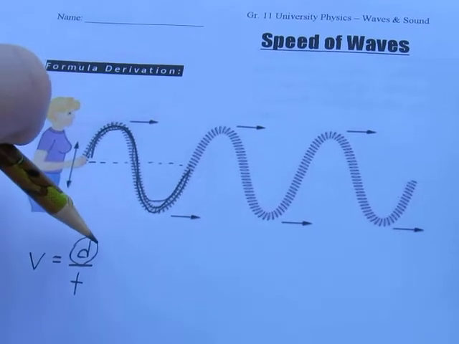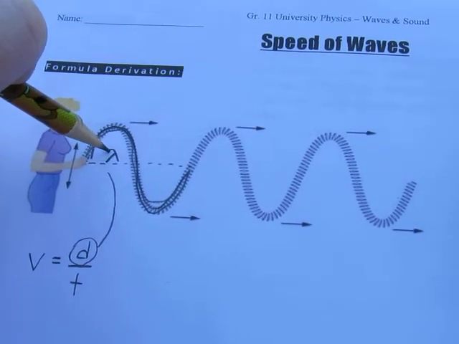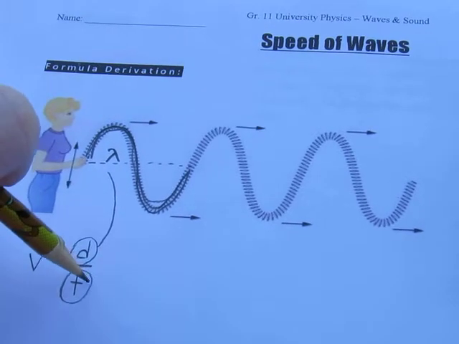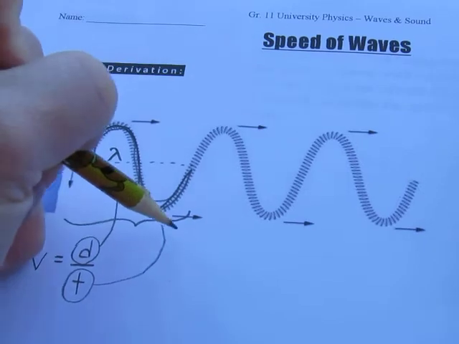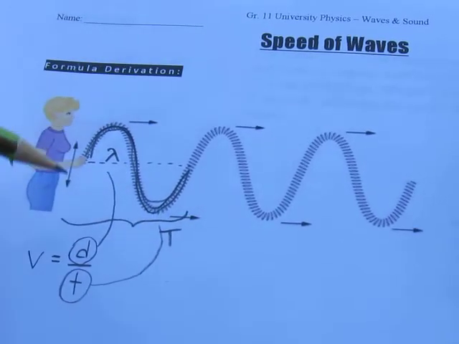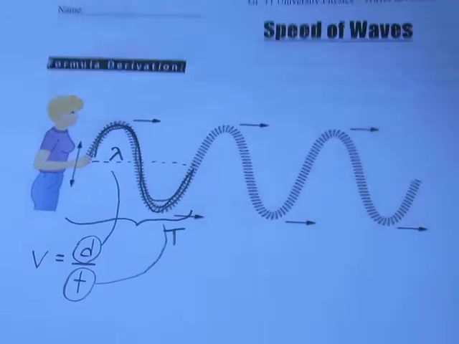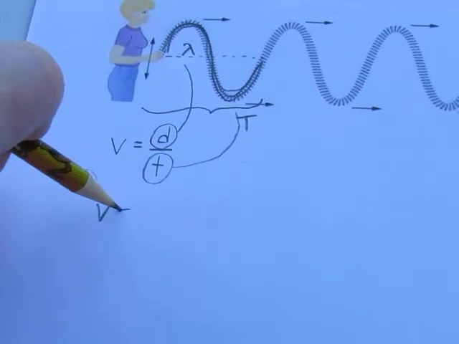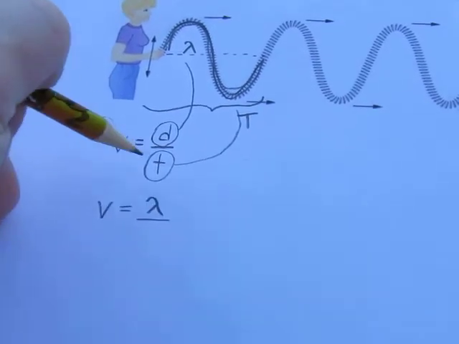For distance, we can use the wavelength. And for time, I can't really point at it in this diagram, but we can use the period of one wave. If you sub those two values in, you'll get a modification of the old constant speed formula that will look like this. Speed will be wavelength divided by period.